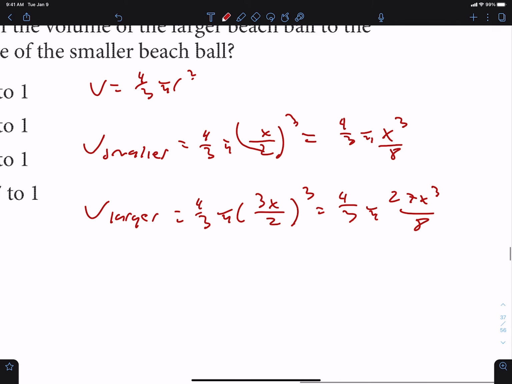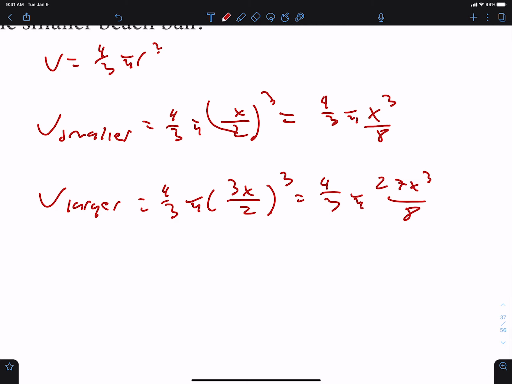Okay, I'm going to bring the 27 and the 1/8 to the front of the larger one and the 1/8 to the front of the smaller one. So for the smaller beach ball, we get 4/3 times 1/8 times x to the third times pi.